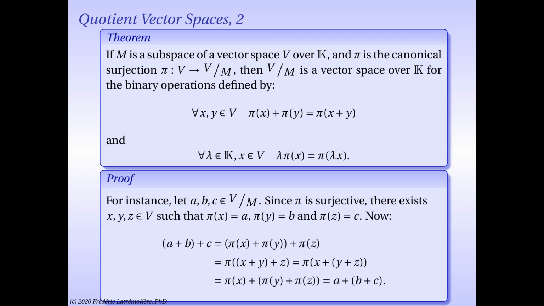Let's check that this new addition on the quotient is associative. So I take three elements in the quotient, let's call them A, B, and C. Since pi is surjective, there exist x, y, and z in V, such that pi of x equals A, pi of y is equal to B, and pi of z equals C. And when we calculate A plus B, between parentheses, plus C, we replace A, B, and C by their expression in terms of pi.